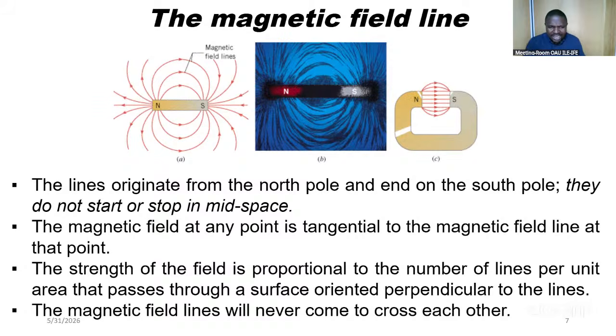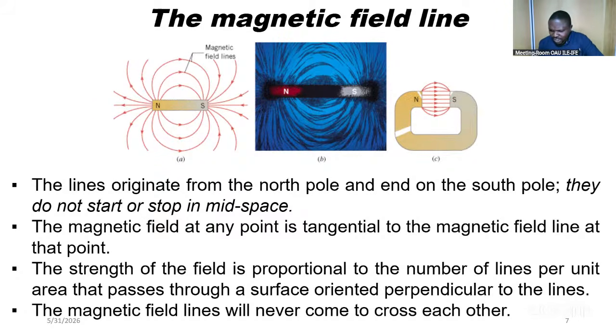If you sprinkle the iron filings on a bar magnet, you will see them attached to the north side and to the south side. If you look at their arrangement critically, you will see a line going out from the north and going inside again into the south. That is what we call a magnetic field line.